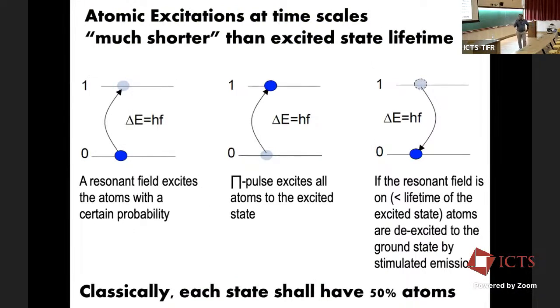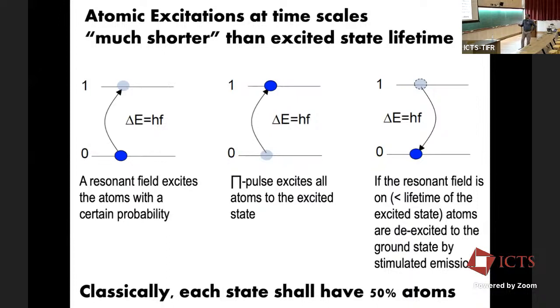Now, the picture I was showing you in the last slide was sort of the atom going into the excited state and coming back. But if I look at a time scale shorter than that, what will happen? If we keep our excitation frequency on, a resonant field will excite the atom. The atom or electron will go to the excited state.